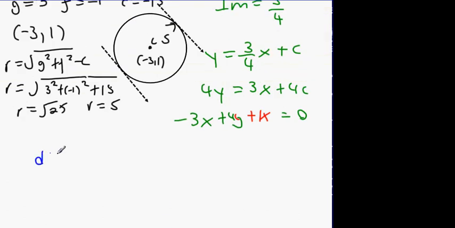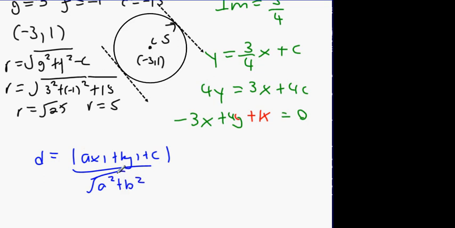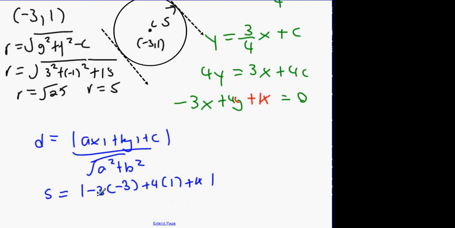So D equals ax1 plus by1 plus c all over the square root of a squared plus b squared. Now, what's asking me to do is D is 5, A is minus 3 times minus 3 plus 4 times 1 plus k, all over the square root of what, guys?